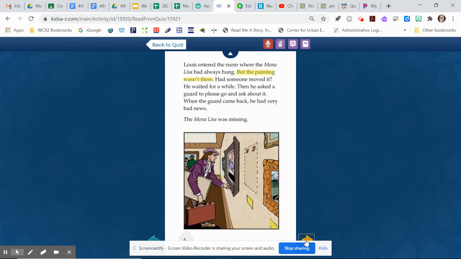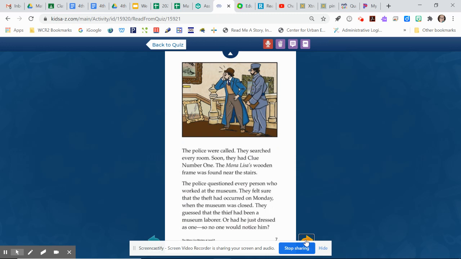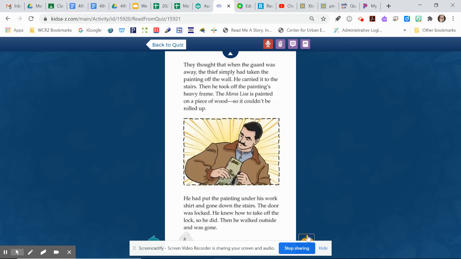So it was closed. Nobody knew where it was. When the guard came back, he had very bad news. The Mona Lisa was missing. The police were called. They searched every room. Soon they had clue number 1, the Mona Lisa's wooden frame. Police questioned every person who worked at the museum, and they felt sure that the theft had occurred on Monday when the museum was closed. They guessed that the thief had been a museum laborer, or had he just dressed as one, so no one would notice him.